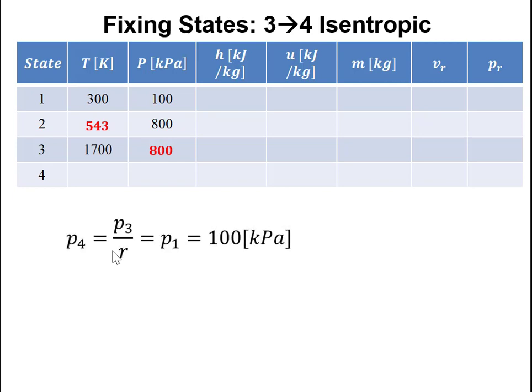The trick here is we have to remember that the pressure ratio is the same through the turbine as it is through the compressor. In this case, we're pulling air from the atmosphere, but we're also putting air back into the atmosphere. So the pressure at the exit of a jet or a nozzle is equal to the atmospheric pressure. So my pressure at 4 is 100 kilopascals.